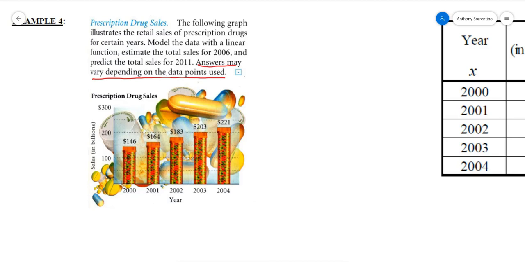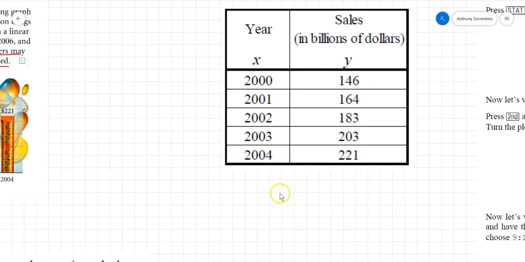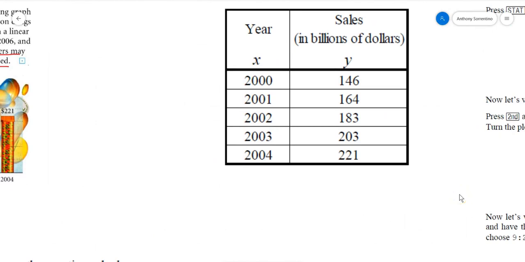However, the information you have here: in 2000, prescription drug sales in billions of dollars was $146 billion. In 2001, it's $164 billion, and so forth. Essentially, what I first did is put this table in to represent the same thing.